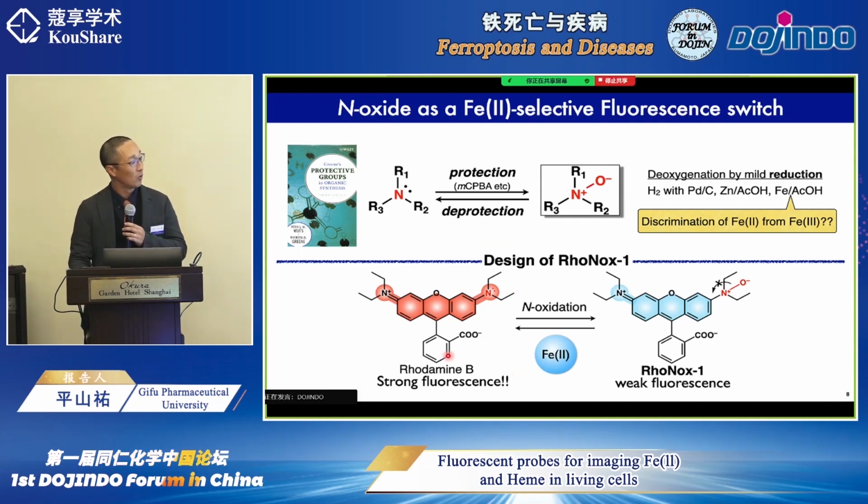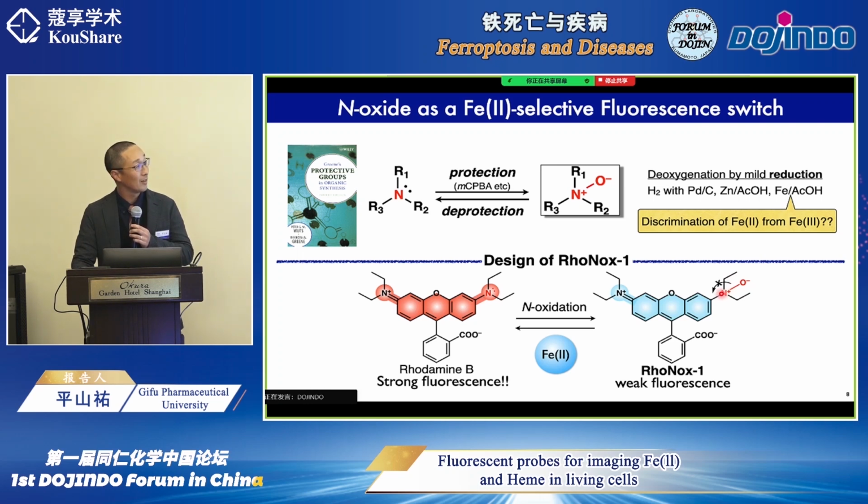We chose rhodamine B as the fluorescent scaffold because this one contains a tertiary amine here, and this is a strongly fluorescent compound because its strong fluorescence is due to the delocalization of this electron pair. When this tertiary amine is converted to N-oxide, the electron pair is used for making a bond.